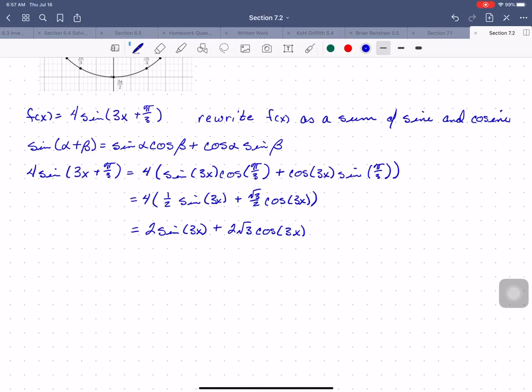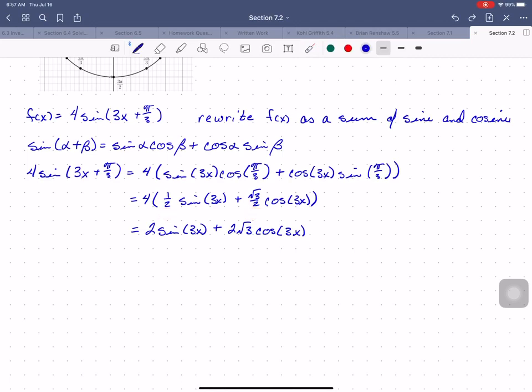So there are some things I want us to notice here. Notice the 3x does not leave. It stays visible. Also notice that there's a relationship between the 2 and the 2 square root 3. And that relationship comes from the fact that these are both multiplied by a sine and a cosine of the same angle.